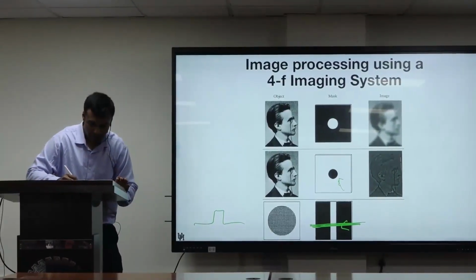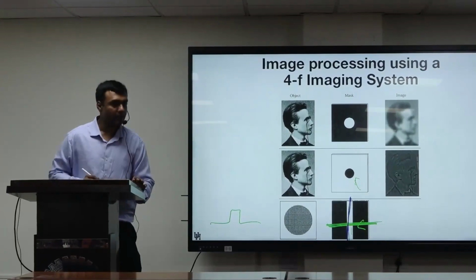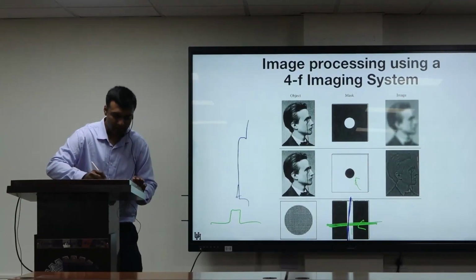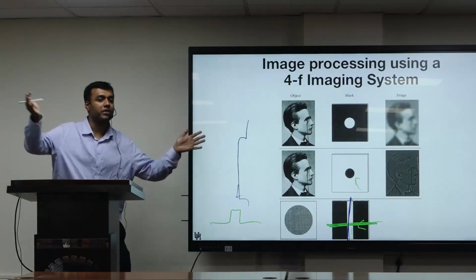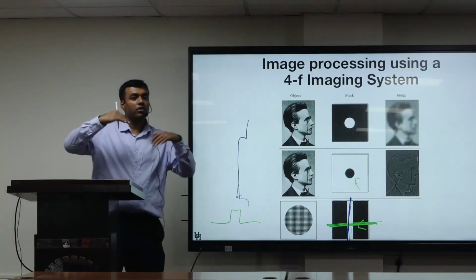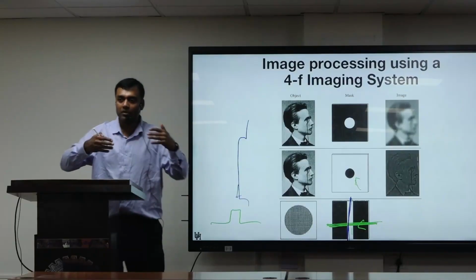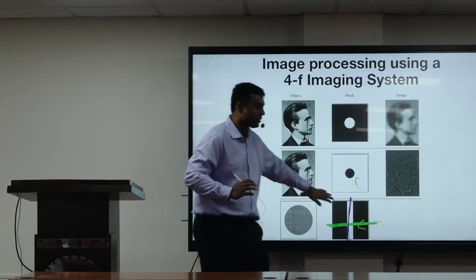Vertically, if you draw a line vertically like this, it allows all frequencies to go through. So it does not do anything along the vertical direction, but it does low pass filtering along the horizontal direction. That's the nature of this filter.